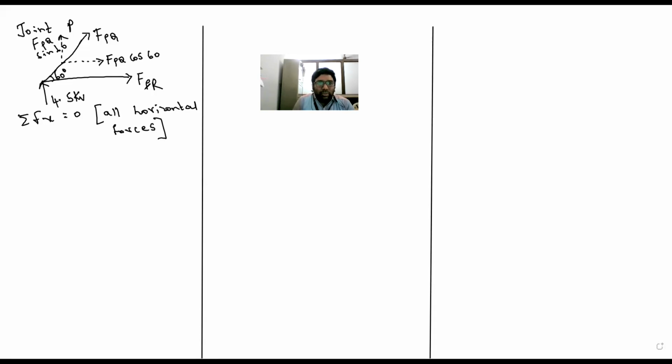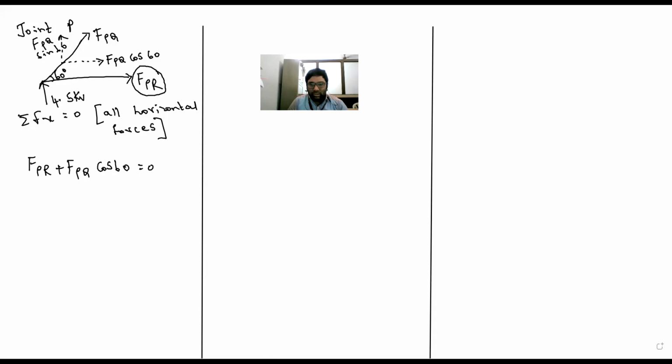Now, what are the horizontal forces here? So FPR is a horizontal force and FPQ cos 60. So FPR plus FPQ cos 60 is equal to 0. So that's the first step that we have to write.